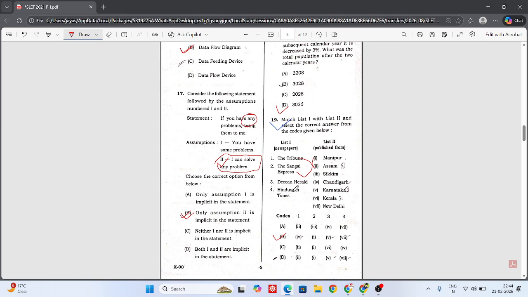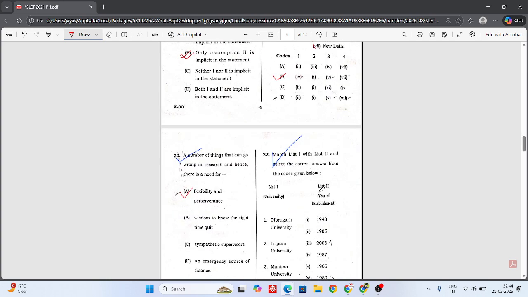Hindustan Times is from, oh sorry, Hindustan Times is not from Karnataka. It's from New Delhi, we know, and the Deccan Herald is from Karnataka. So this is the correct answer.